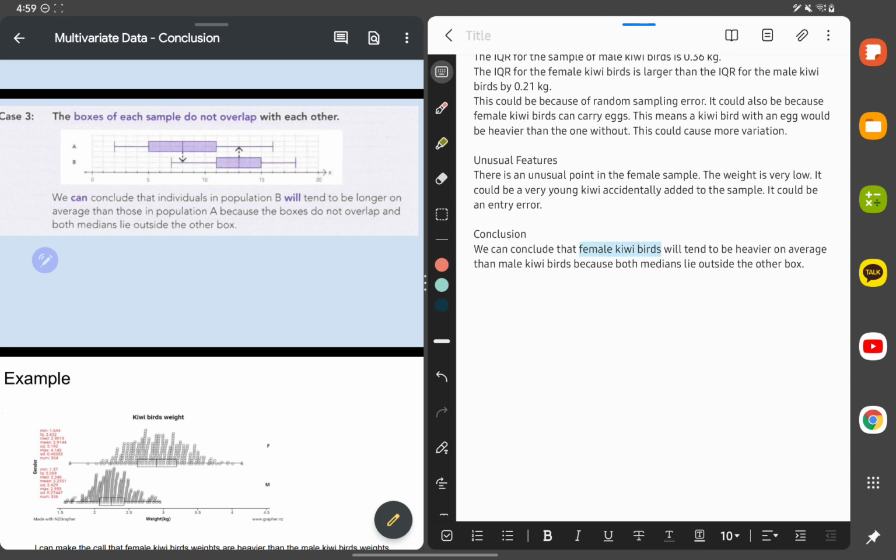You change words like this one. Will tend to be, instead of longer, I said heavier. Right? And then instead of individuals in population A, I wrote male kiwi birds. But otherwise, the sentence is the same.